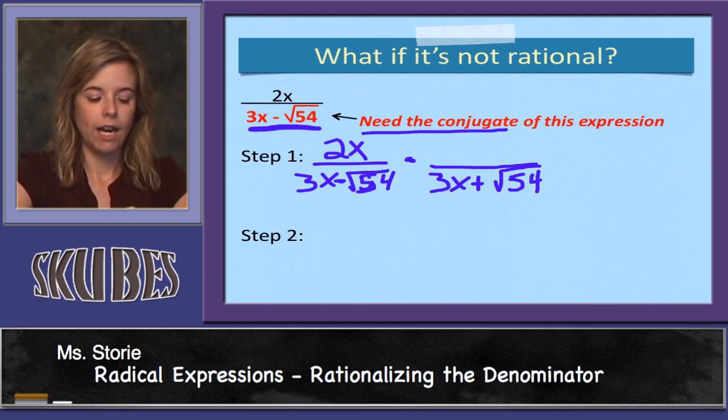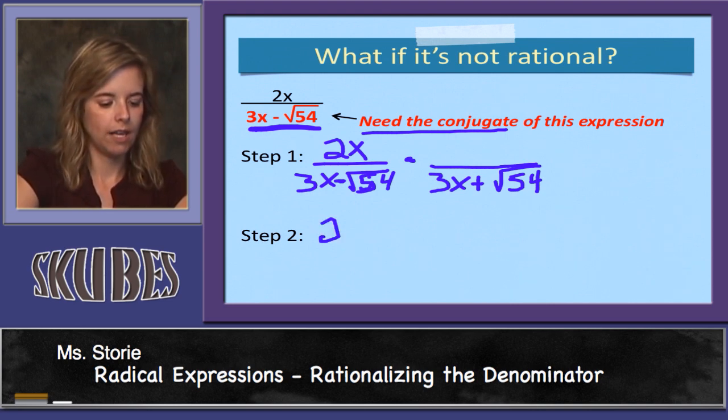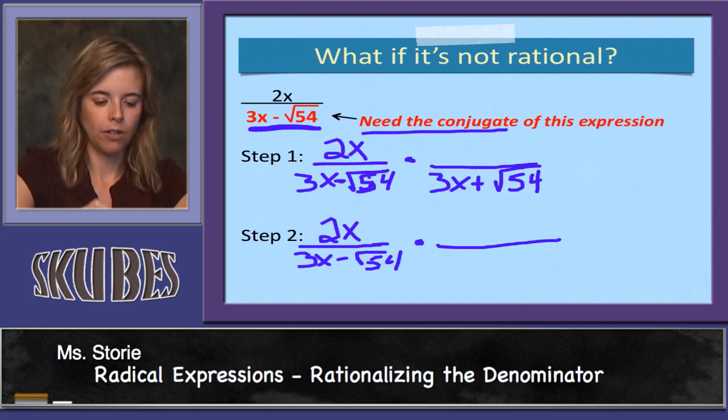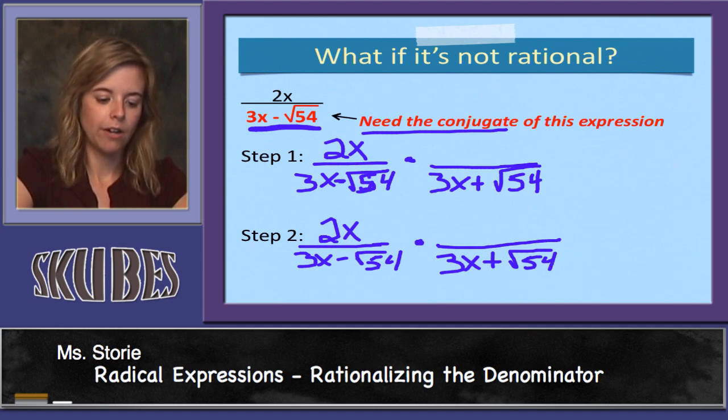Step 2, once I do that, I have to now multiply the numerator as well. So I'm going to take my 2x over 3x minus radical 54 and multiply it by that denominator conjugate. So I'm multiplying by 3x plus radical 54, in both the denominator and the numerator.